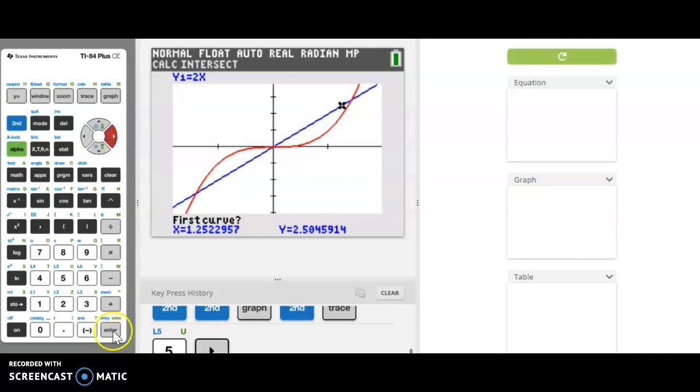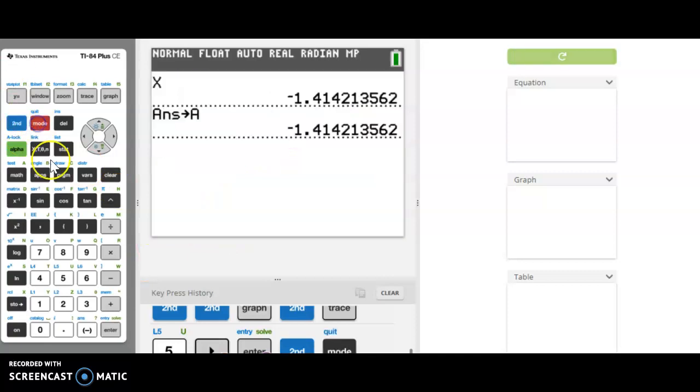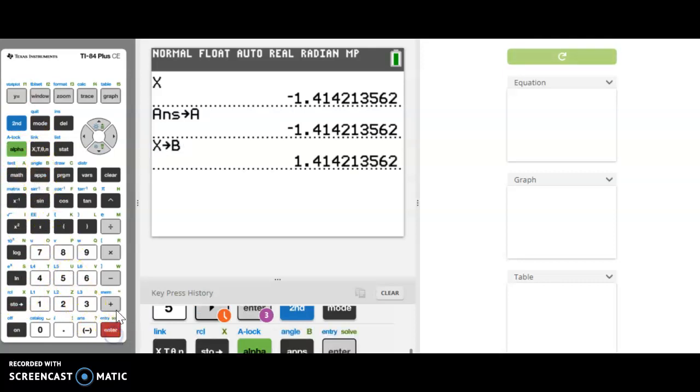Bam. All right, I got blue, I got red, I got my guess. Bam. Notice it's a positive version of that thing. So what I can do now is pull up X again, and hit store, and hit alpha B. Enter. So now these two numbers, this A and this B, are the values that I'm looking for.